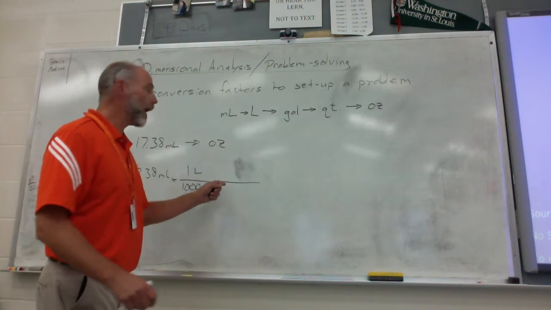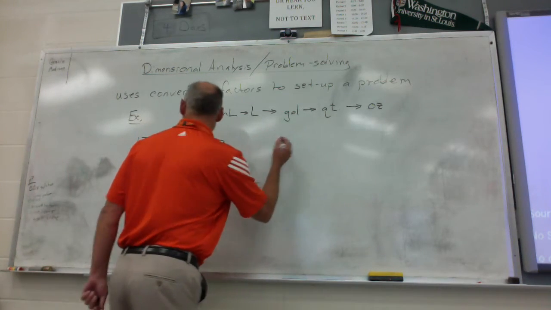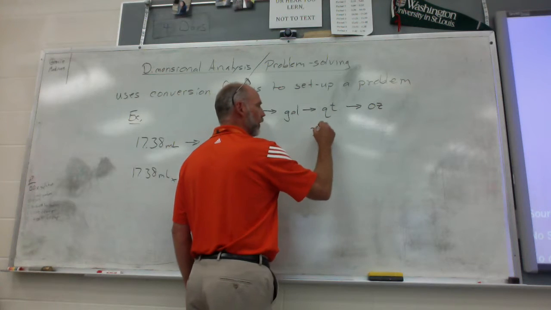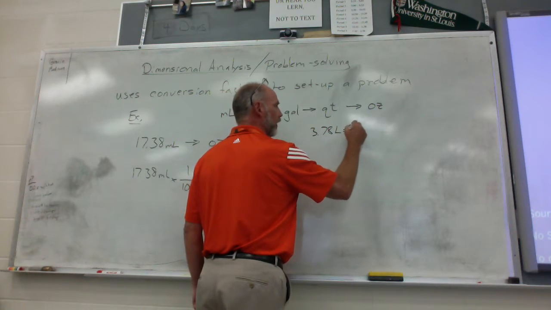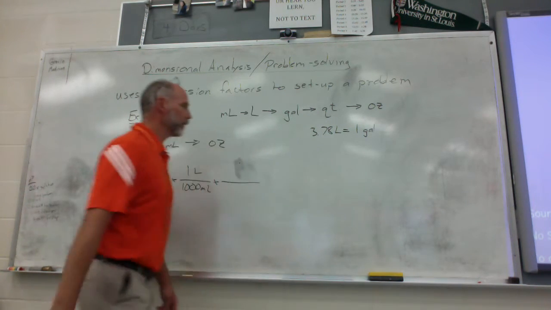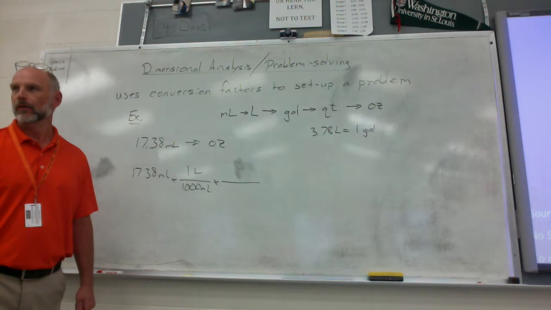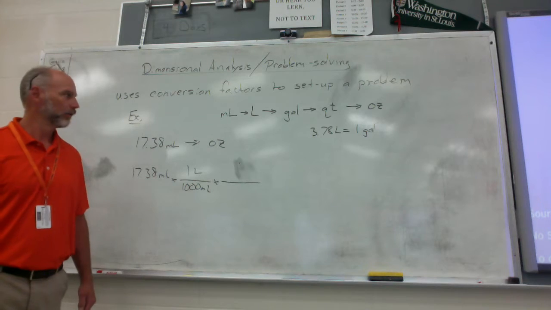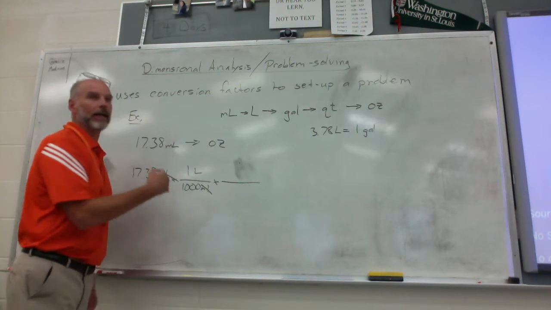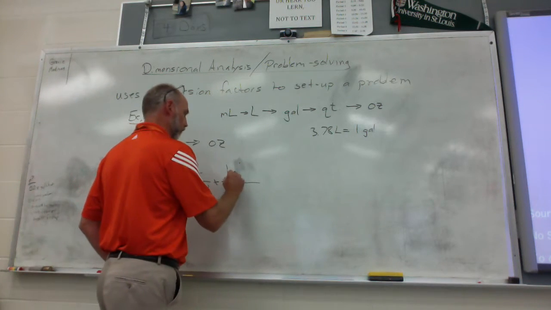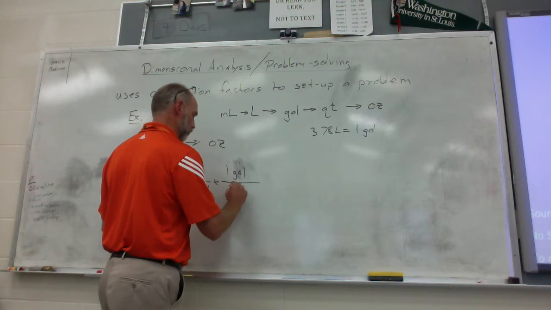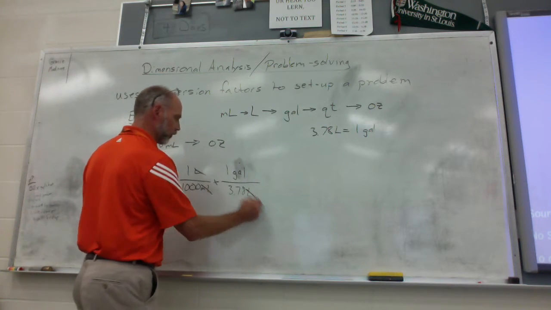Here we go. So now, we just got done saying that there's 3.78 liters in 1 gallon. Which of those am I going to put in the numerator? What am I trying to find? I'm trying to find gallons, so that goes in the numerator. Liters gone.